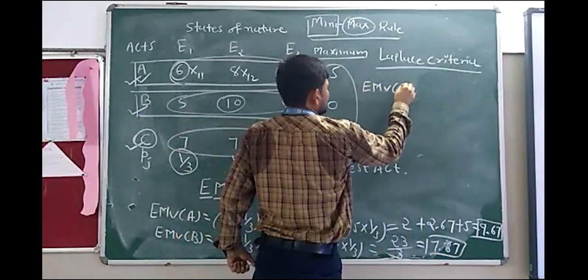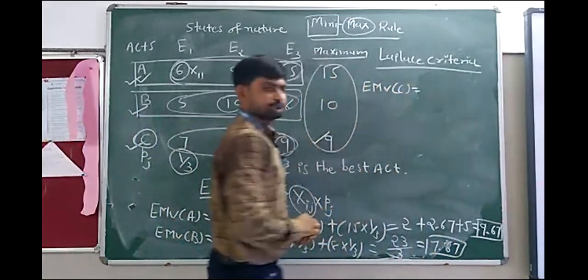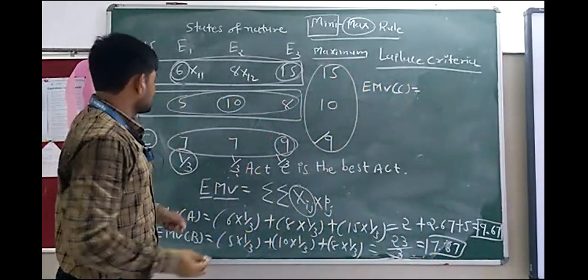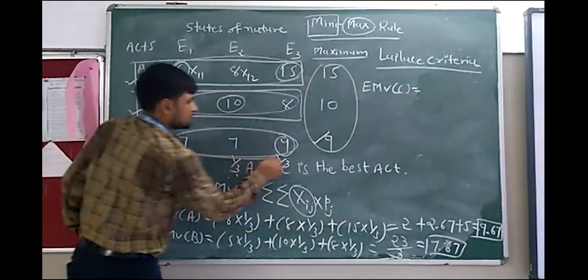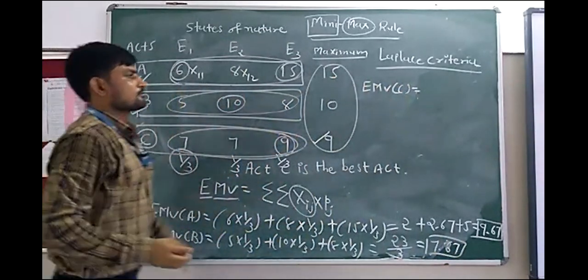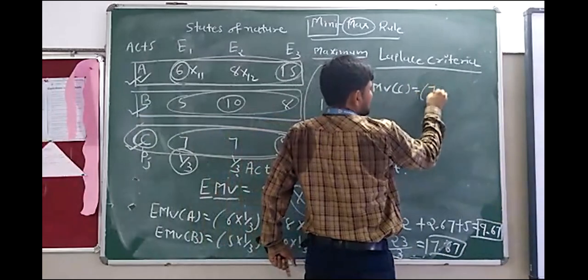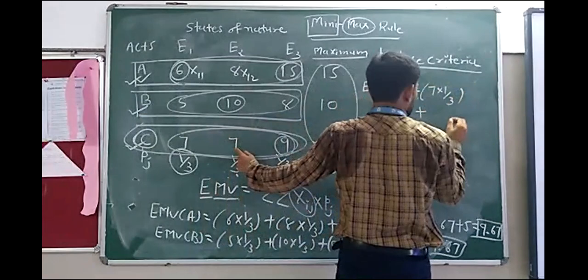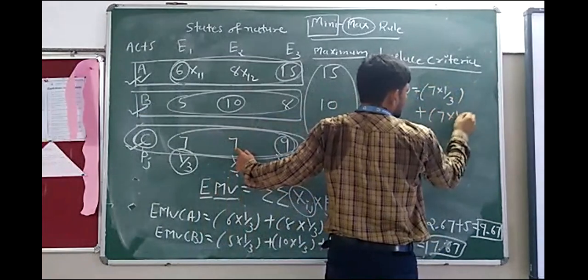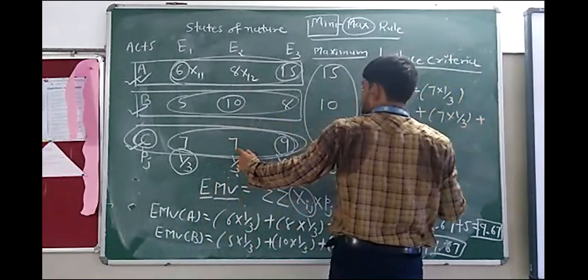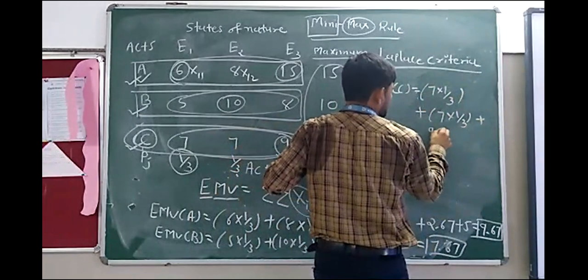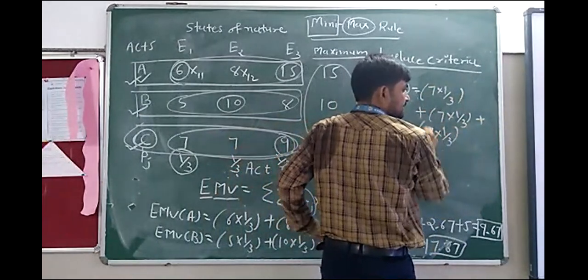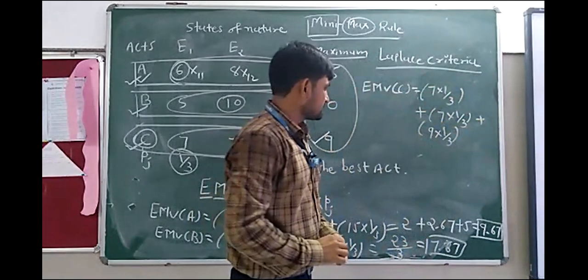EMV for Act C. Now how can you find? So again we'll use this payoff. So again 7 into 1 upon 3 plus 7 into 1 upon 3 plus 9 into 1 upon 3. Okay.